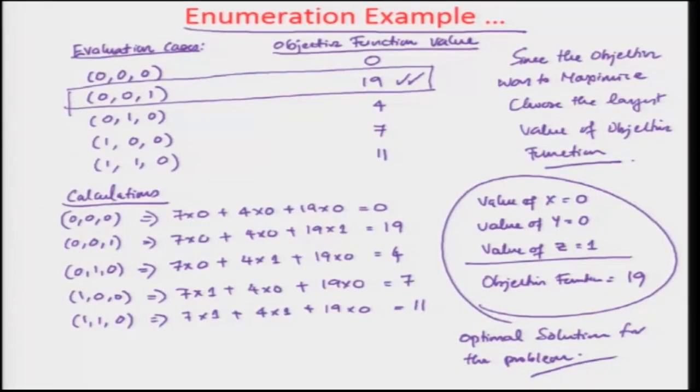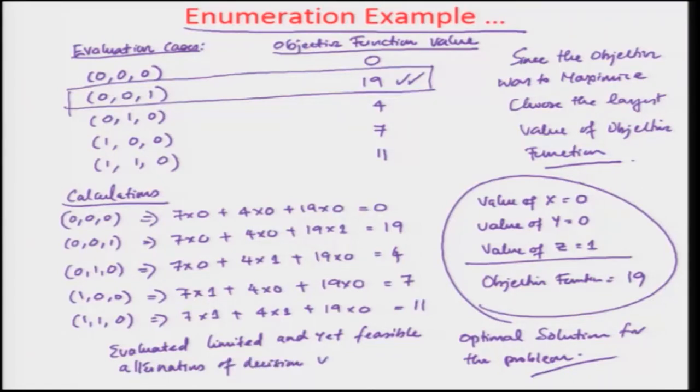So, we evaluated all feasible alternatives of decision variables, and this is why it is called total enumeration.